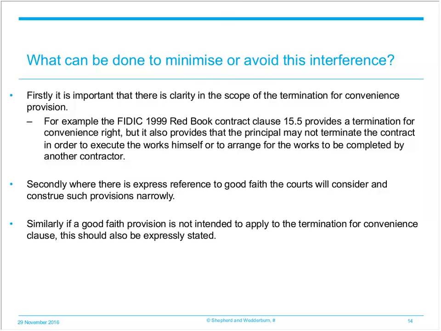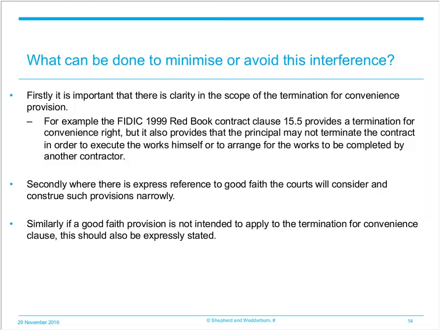First of all, it's important that there is clarity in the scope of the termination for convenience provision, if there is one. Is it or is it not permissible to terminate in order to instruct a new contractor? That should preferably be expressed in the clause. So, for example, some standard form construction contracts have taken this requirement for clarity into consideration, but to the opposite effect.